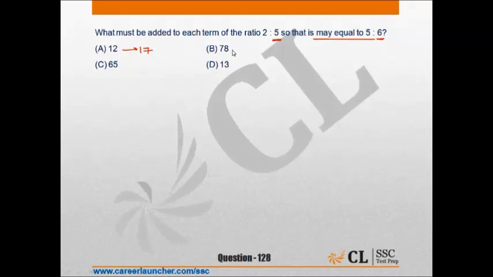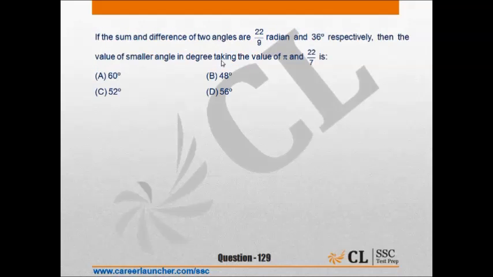If I add 75, I would get 83, and that is also not a multiple of 6. If I add 65, I would get 70, and that is also not a multiple of 6. Therefore, if I add 13, I will get 18, and this is definitely a multiple of 6. So my answer is option D.